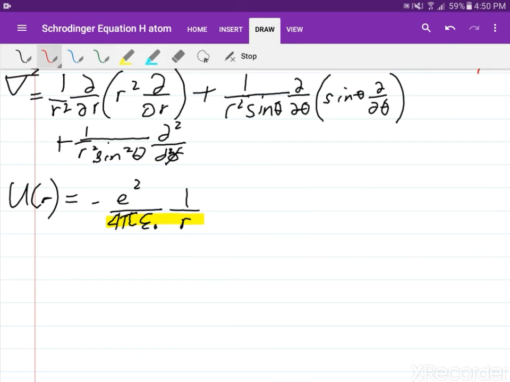Okay, so just like what we did in the particle in a three-dimensional infinite potential, we will be solving this differential equation using separation of variables.